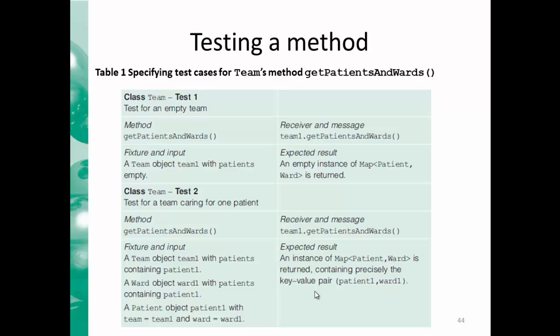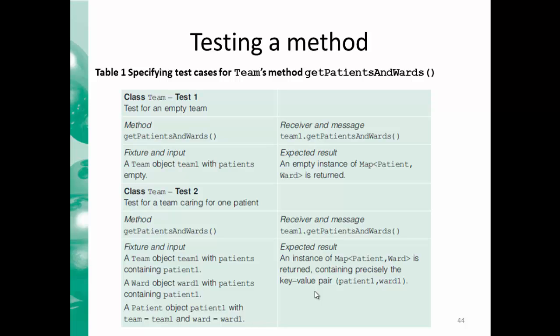Now we will change the fixture, because in the previous fixture we have no patients to take care of, but in this case we have one patient only. So a team object team1 with patients containing patient1. So now we have team1 and patient1. Of course, that patient needs to be placed in a ward.